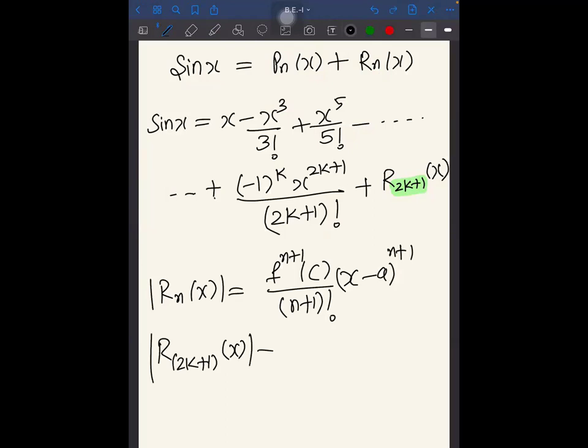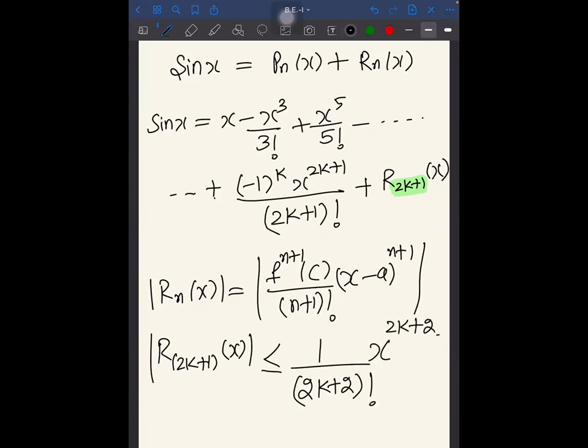Okay. So let me take the mod on both sides, which is less than 1 upon 2k plus 1 plus 1, that means 2k plus 2 factorial, and a is 0 because we are taking the Maclaurin series, and x raised to power 2k plus 2. Fine? Fair enough? Are you with me? Yes, sir.